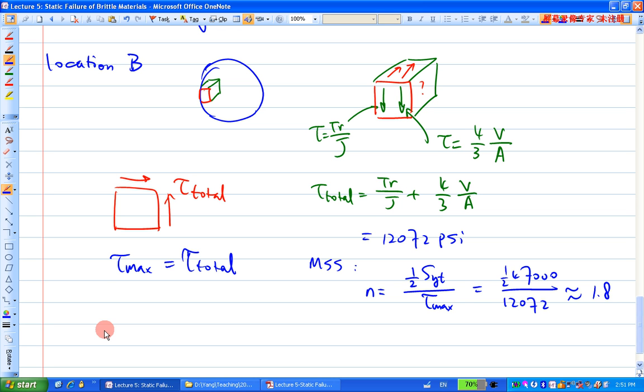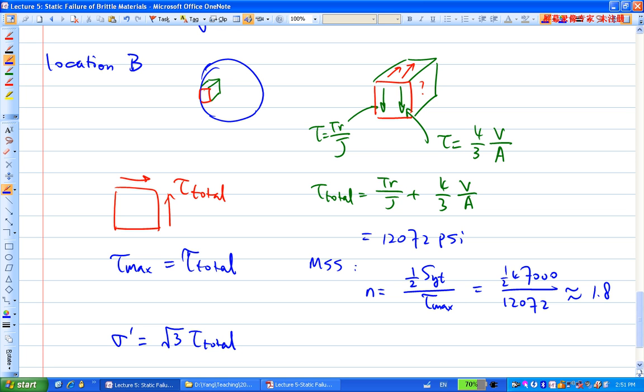So if I calculate the DE, I need the sigma prime. Based on this state of stress, there's no sigma x, there's no sigma y, and all you have is a tau. So basically it's the square root of 3 times this tau total.